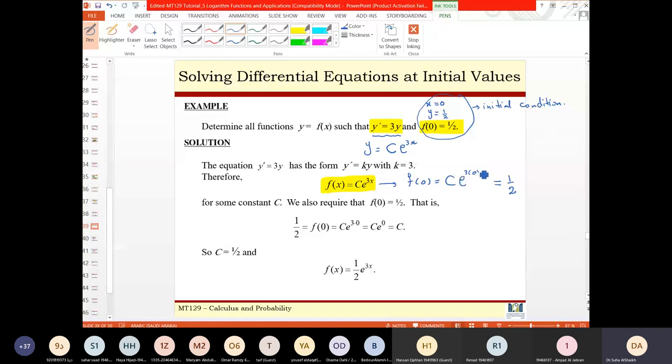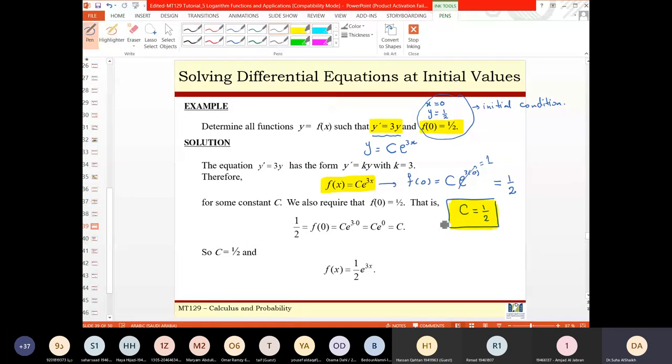What's 3 times 0? 0. Exponential to a power 0 is equal to what? 1. Correct. So I end up with c equal to half. Why am I doing all this? I want to get the value of c. So I got c equal to half.